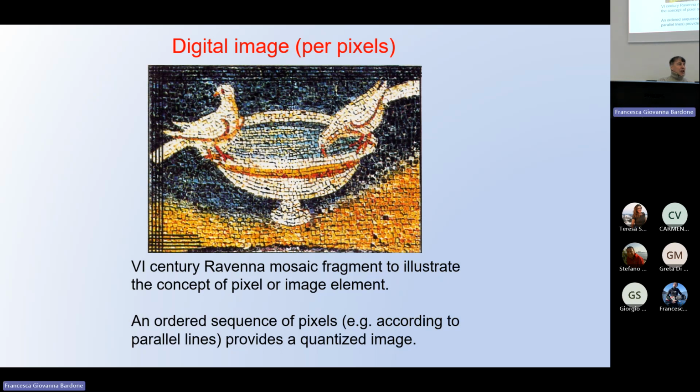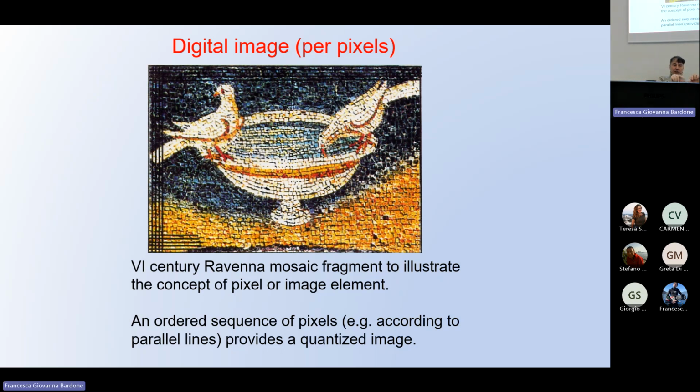How do you build a mosaic? Take one tessera, put another one beside, another side, another side. So one tessera, one pixel, and another beside, you create a line. And then you need to create another line.